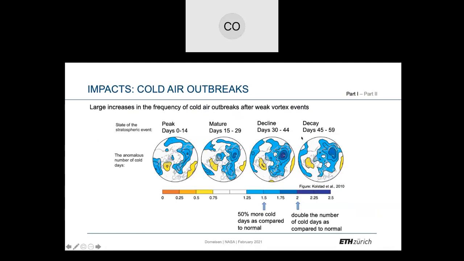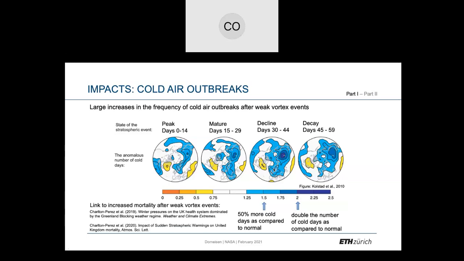And all the way to like 2 months after a sudden warming, you can still see this cold anomaly here and this warm anomaly here. And you can go all the way up to double the number of cold days as compared to normal in parts of Siberia, for example, and at least 50% more cold days, up to like a month or more after the sudden warming.